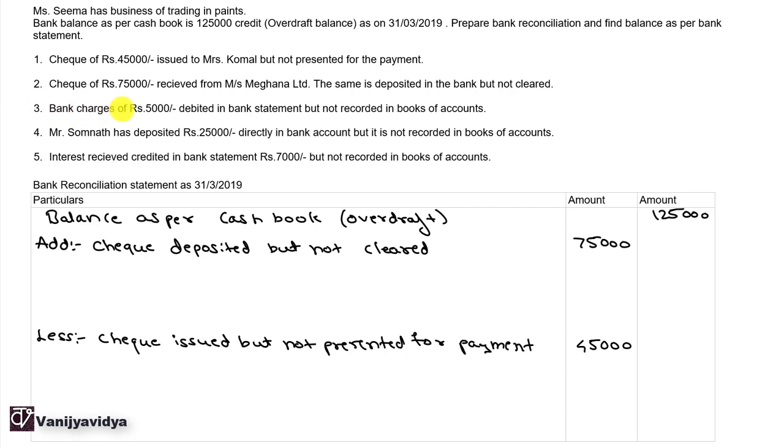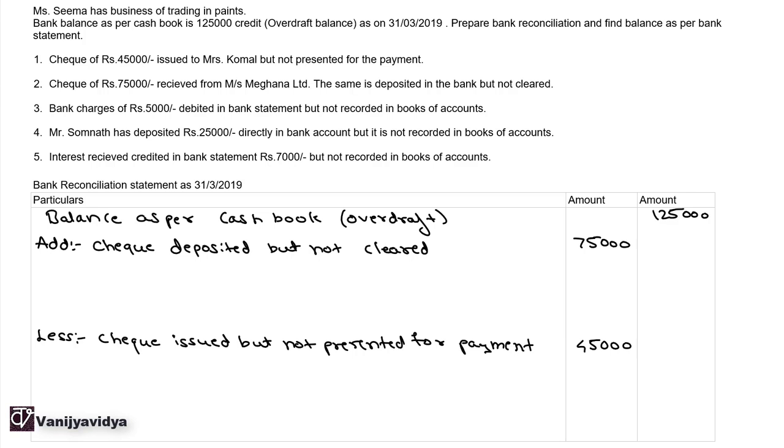Third, bank charges of rupees 5,000 debited in the bank statement but not recorded in the books of accounts. Now there are some bank charges which are debited in the bank statement. So because of these bank charges debited, there is an increase in our overdraft balance as per the bank statement.